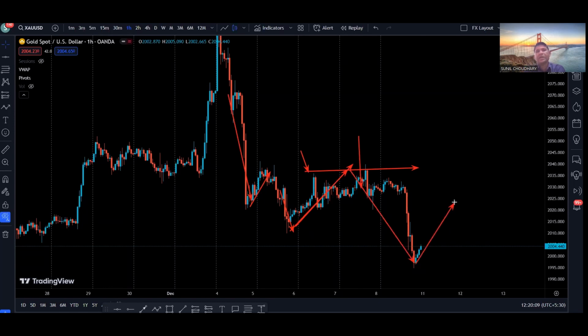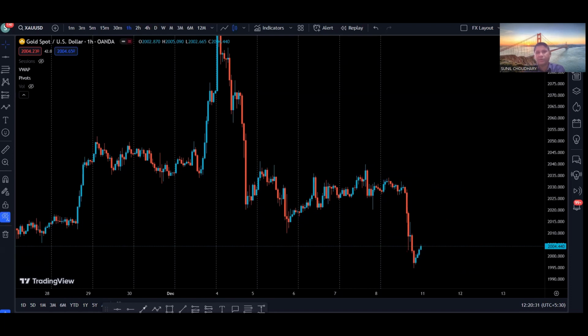Right now I anticipate the price to come up, find resistance and continue going to the downside. So we can find resistance in this area, we can find resistance in this area, we can find resistance anywhere below the previous lower high. Once we find the resistance, there will be a higher probability for the price to come down and retest the previous low.